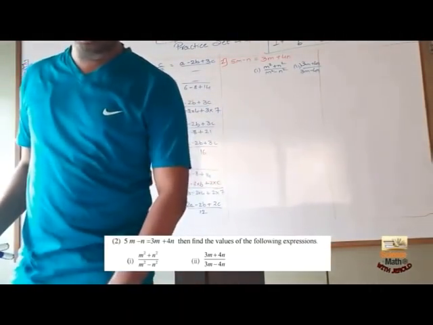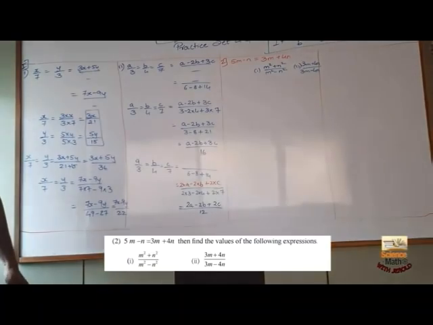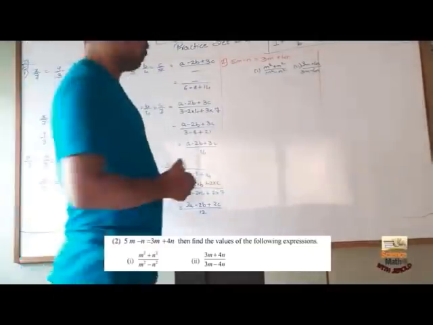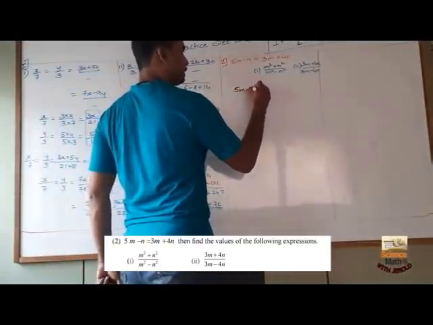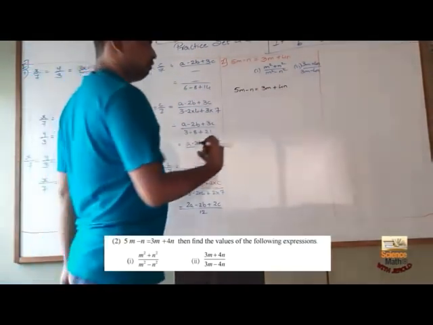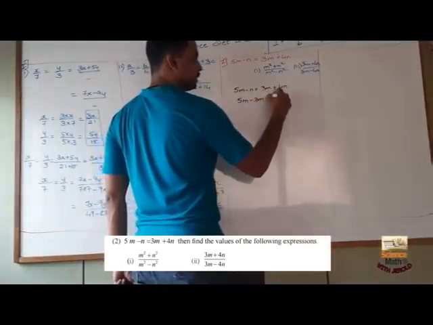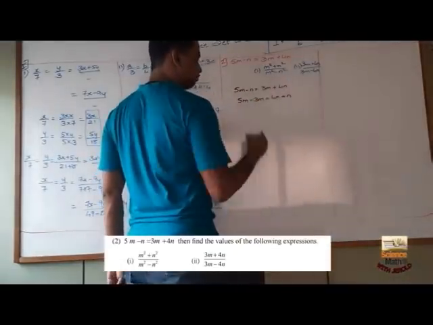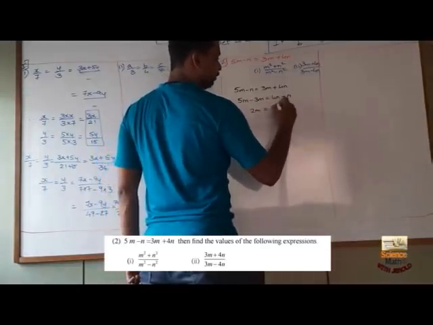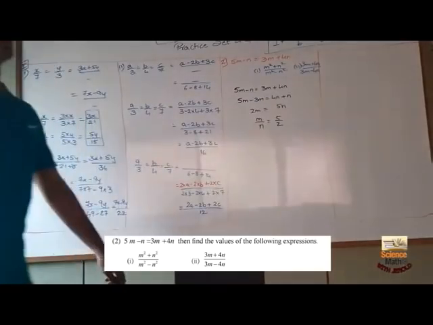Now, if you see this kind of sum, we have already done it in the previous exercise. Similar sums are there. First thing that I have is the given equation, 5m minus n is equal to 3m plus 4n. Bringing the like terms together, I have 5m minus 3m is equal to 4n plus n. 2m is equal to 4 plus 1, which will be 5n. m upon n will be 5 upon 2. The ratio has been formed.